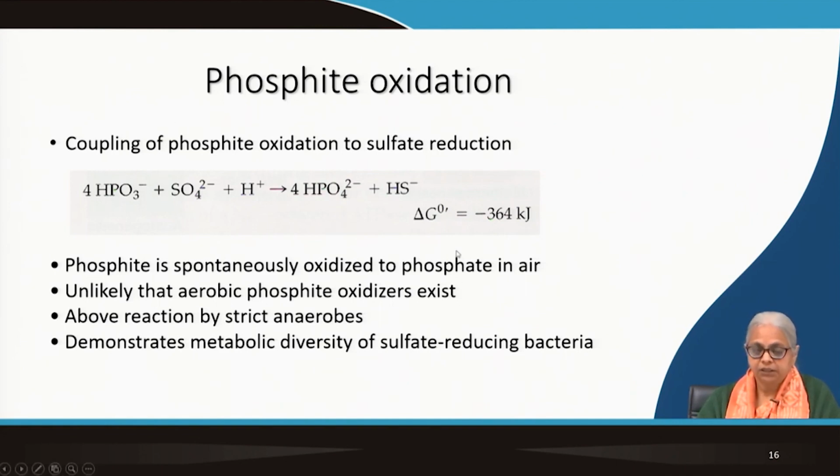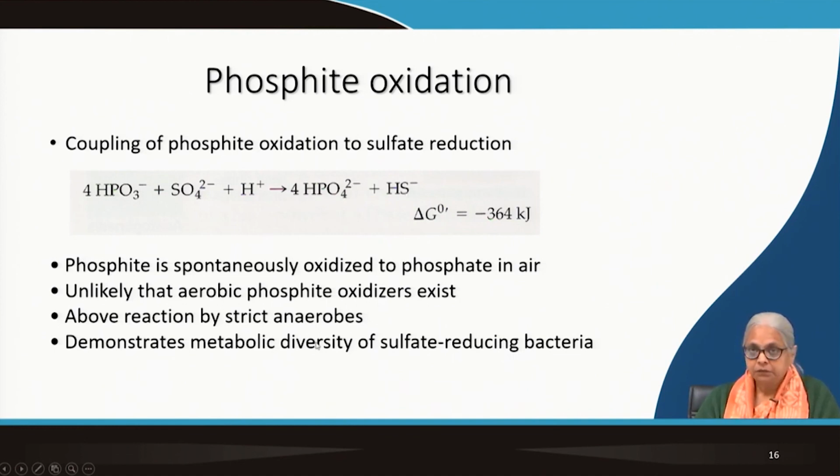Phosphite under aerobic conditions is spontaneously oxidized to phosphate, and because this spontaneous oxidation is a chemical reaction, it's unlikely that any aerobic phosphite oxidizers exist. Like I said, there is only one species that has been found that is capable of utilizing phosphite and sulfate and converting both of them to phosphate and sulfide.